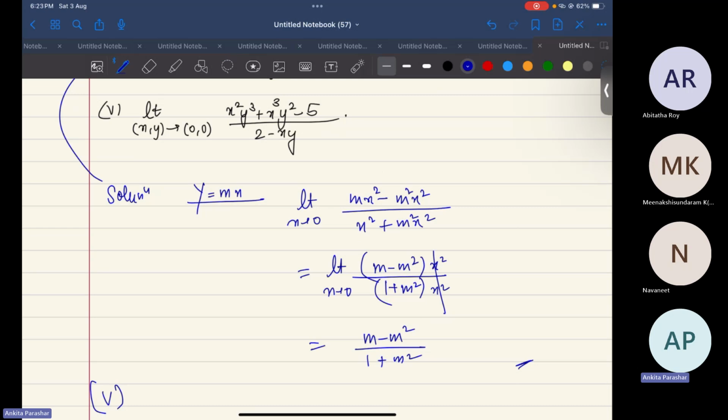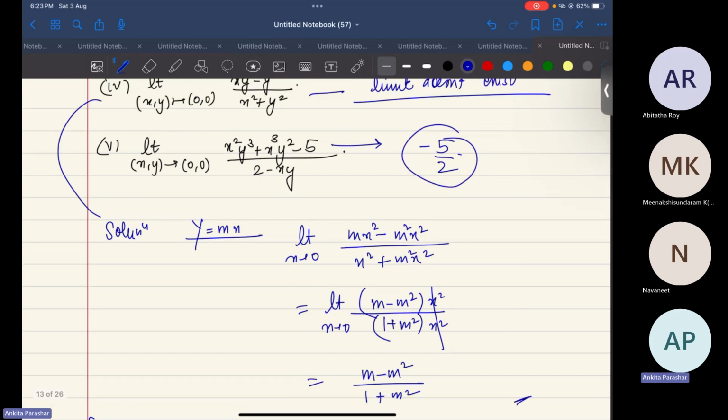Suppose you directly put those limits into your function. What will happen? Where will this function go if I put x and y both tending to 0? It will be minus 5 by 2. Very good. Here there is no ambiguity.